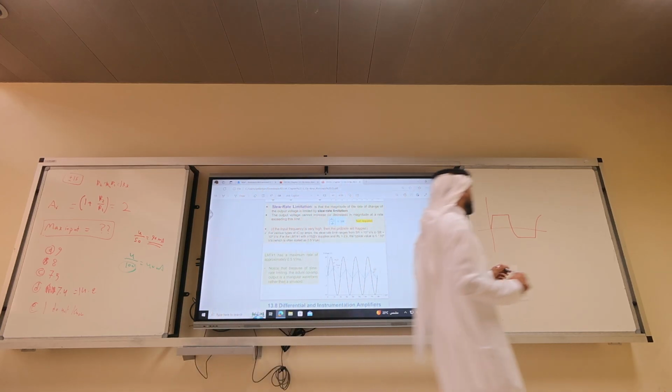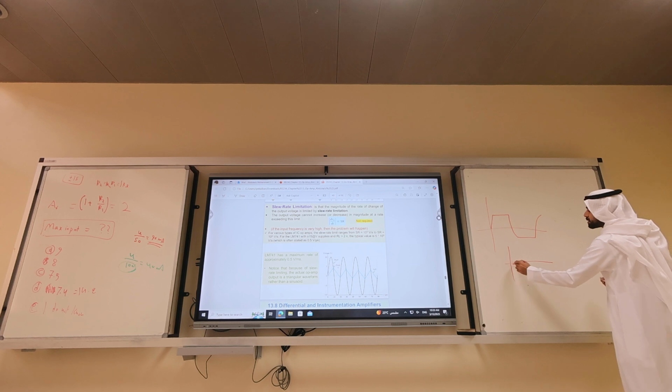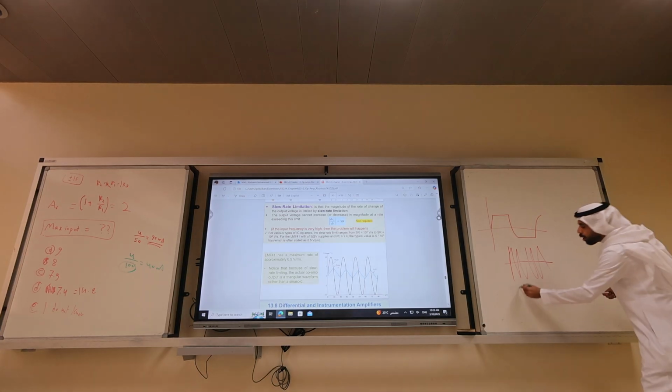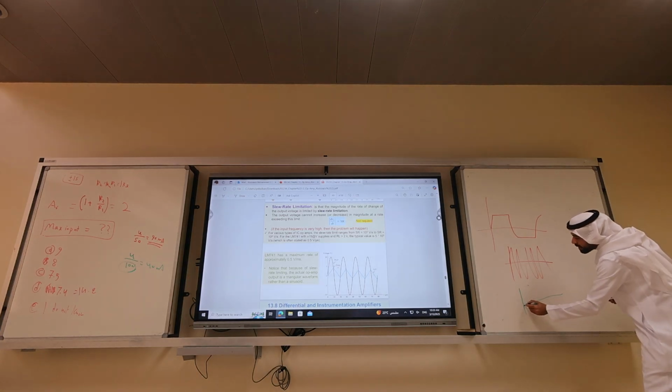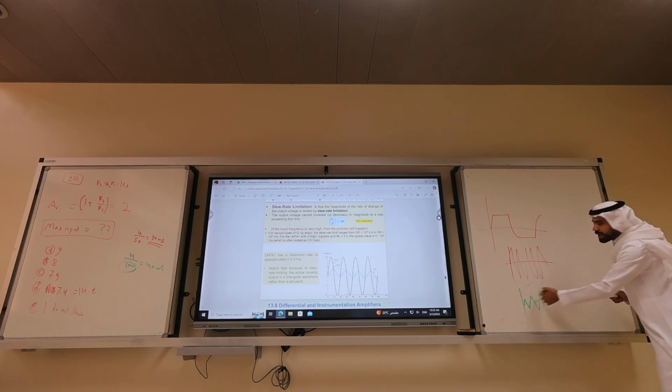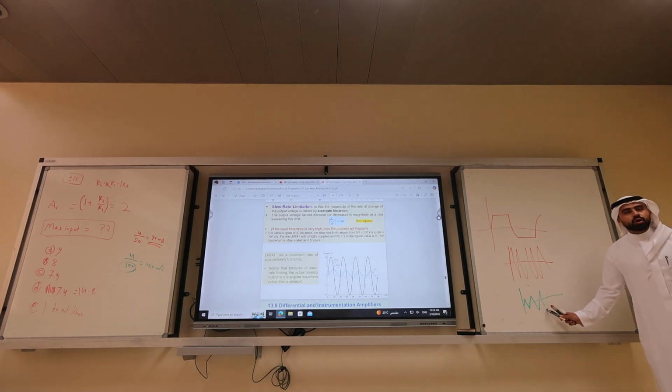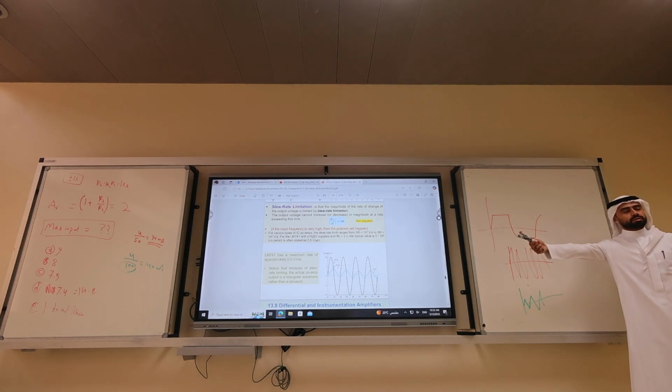And if you have, for example, an input that is a very fast sinusoidal, okay? A high frequency signal. The op-amp is trying to amplify this, but all of a sudden it gets down, it gets down, it gets down. So it will be like a saw shape because there is always a delay in changing the output.